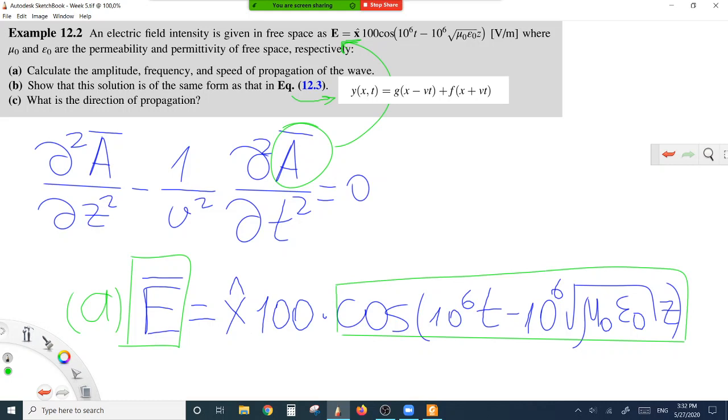It is a harmonic function and its amplitude is 100. So E0, or the amplitude of the wave, is 100, because it is field intensity, volt per meter.